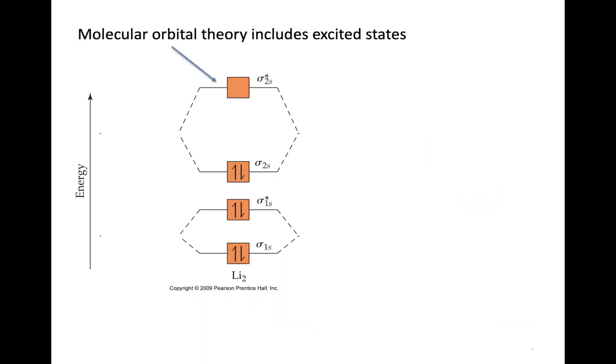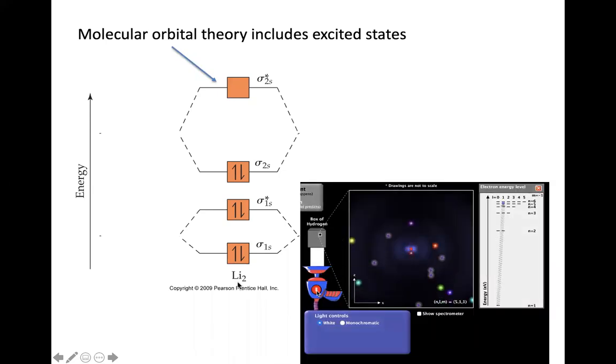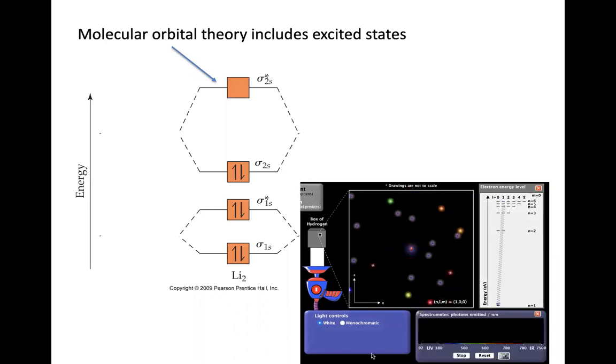Now, when we're looking at this within our molecular orbital diagram, molecular orbital theory includes excited states. What do I mean by excited states? Well, I have this orbital that's vacant, that's above the ones that are being populated. We already saw this kind of thing take place when we were first looking at our models for the hydrogen atom.